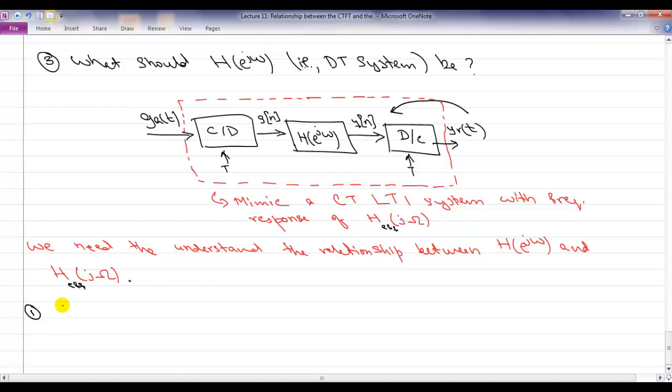We just derived the relationship between the frequencies of the continuous time signal and the samples.